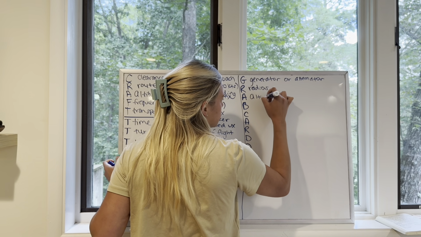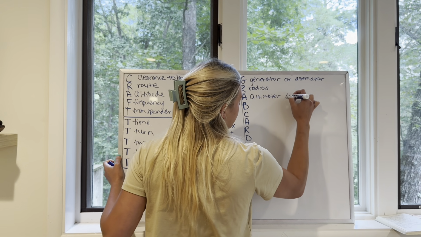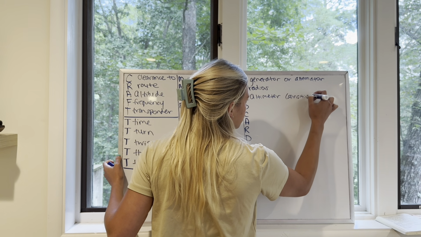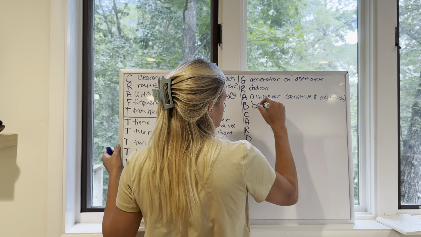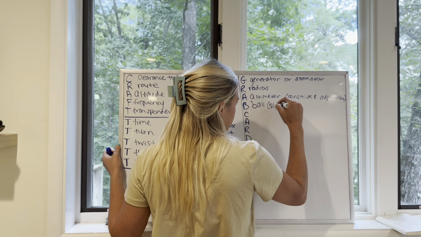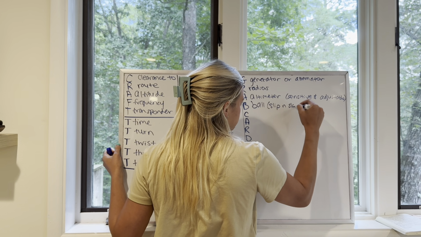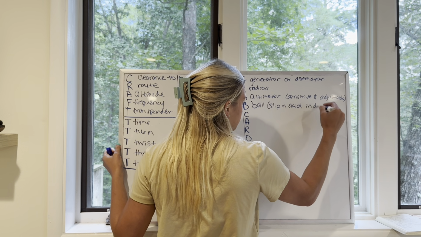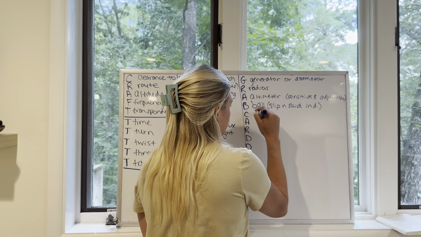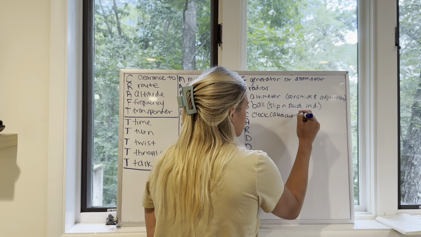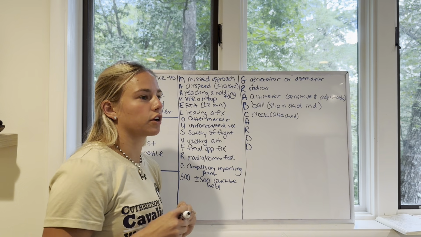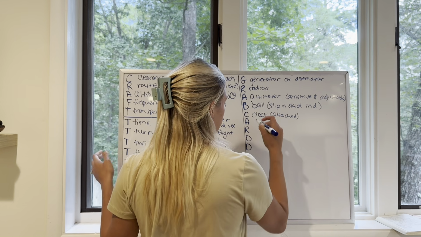A is altimeter, and it has to be sensitive and adjustable. B is ball, and that means like your slip and skid indicator. C is a clock, and it has to be attached to the plane. Like it can't just be on your phone, it has to be a clock in the plane.